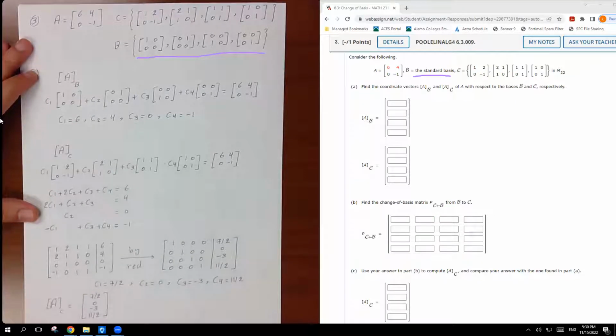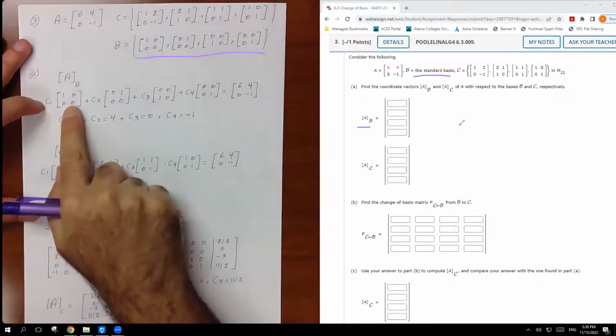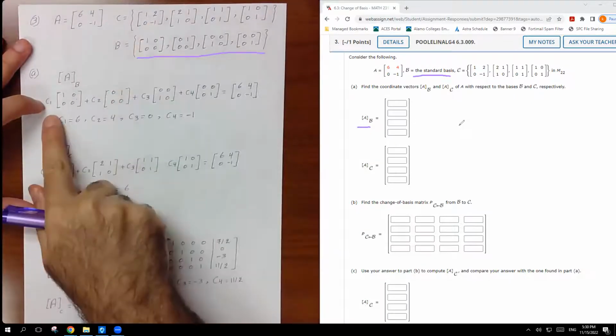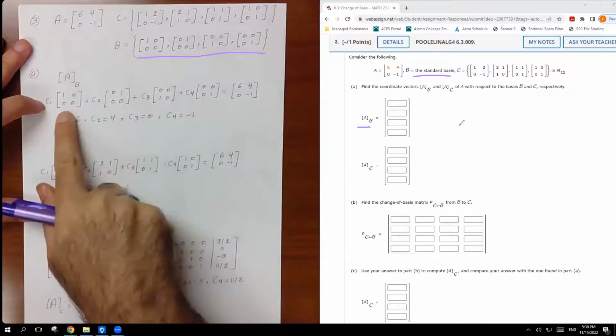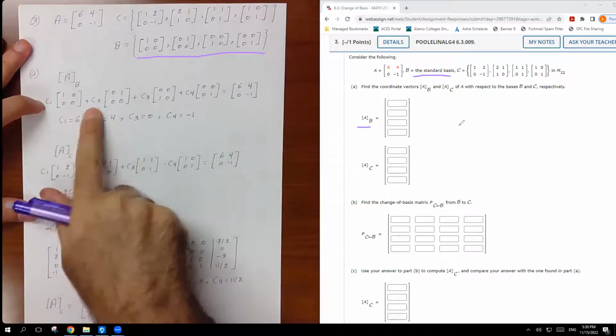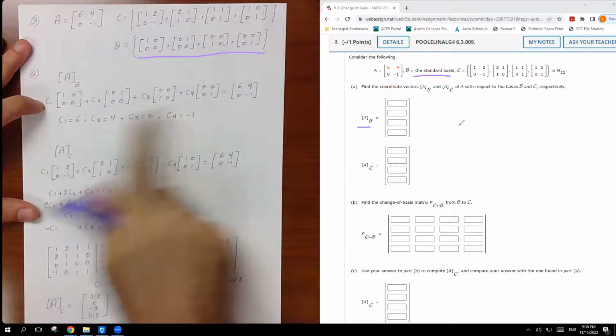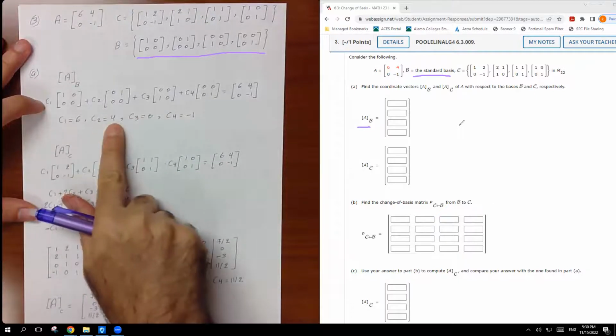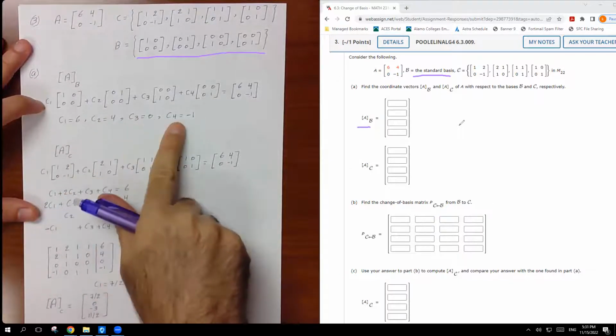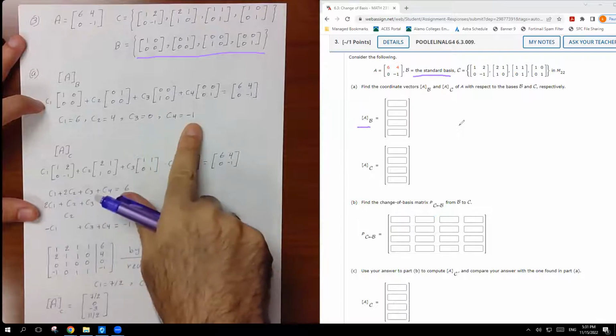On C, we already have the base C. The first thing they ask you is to find the coordinate vector of A with respect to the base B, which is going to be C1, C2, C3, C4. So C1 equals 6, C2 equals 4, C3 equals 0, and C4 is going to be -1.